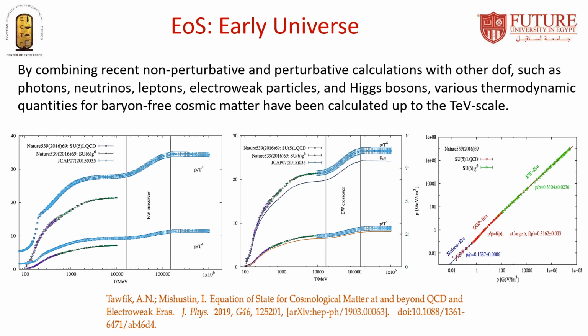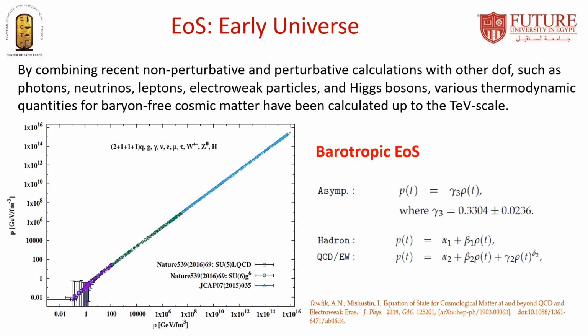Therefore, we think that the right-hand panel gives the equation of state, which relates the pressure to the energy density up to very high temperature. This is what we have now from lattice QCD, or from QCD, either perturbative or non-perturbative.